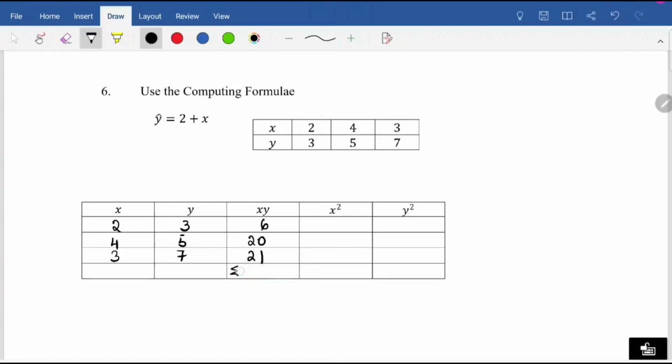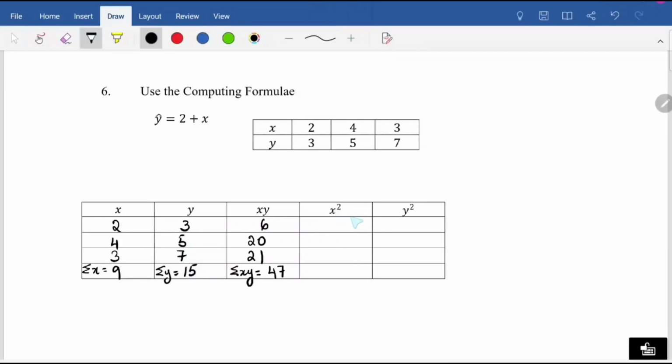Sigma xy is going to be 21 plus 20, 41 plus 6, 47. We also need to sum up x and y, so let's do that. Sigma x is 2 plus 4, 6 plus 3, 9. Sigma y is 7 plus 3, 10 plus 5, 15.